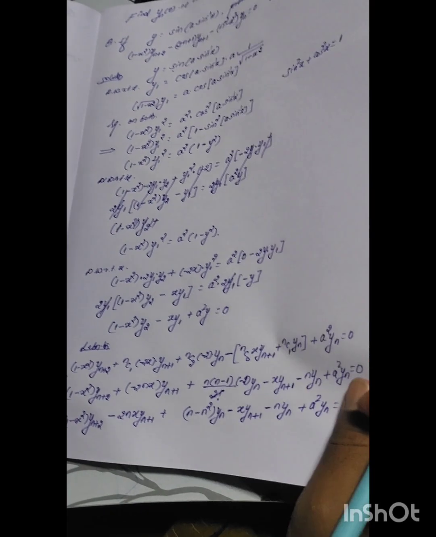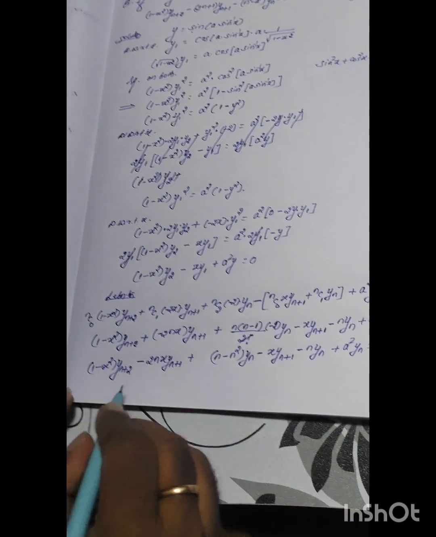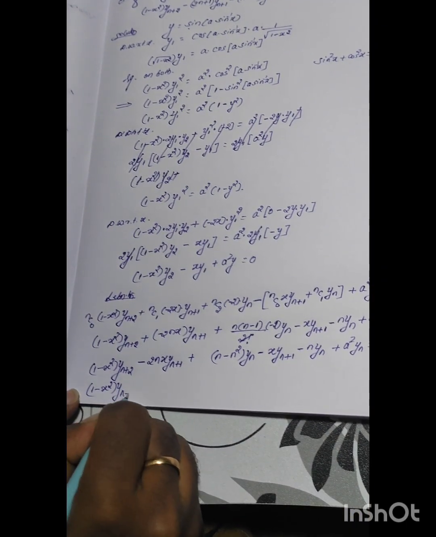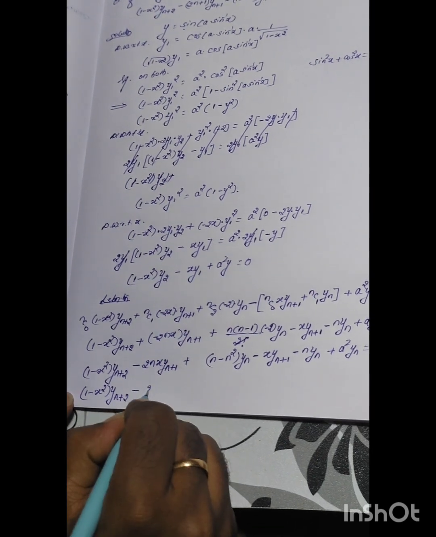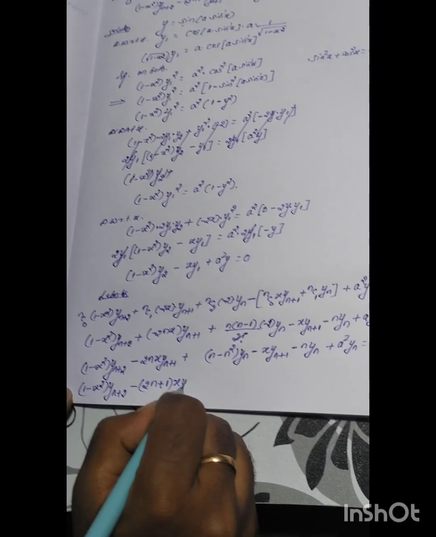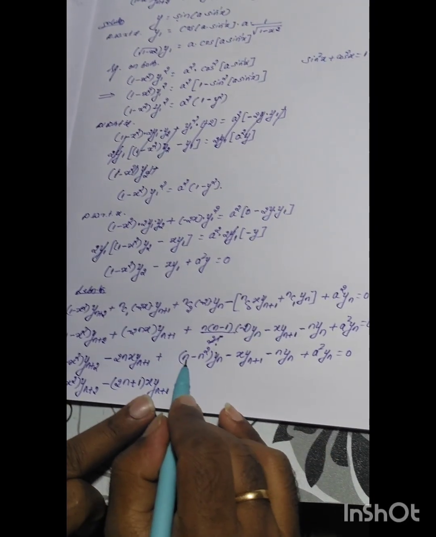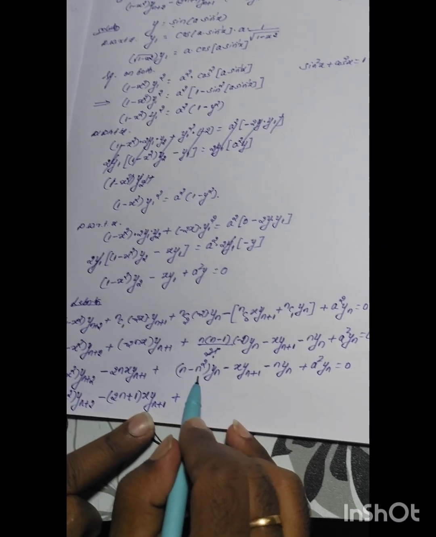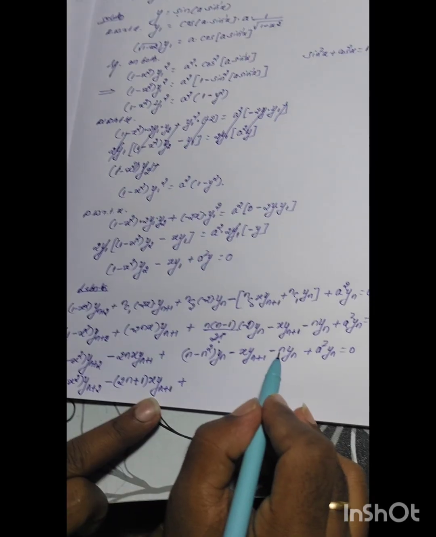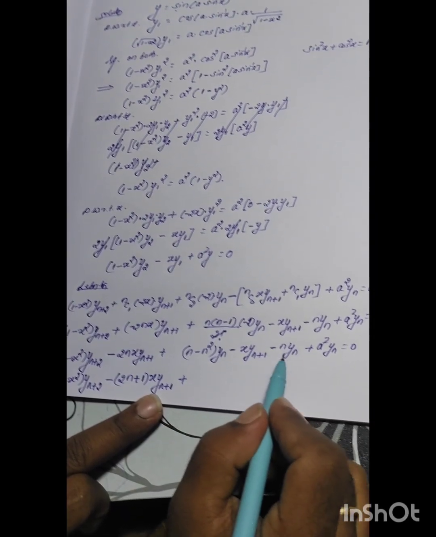Now when we compare, x y(n+1) and x y(n+1) are common, so let me take it outside: (1 minus x square) into y(n+2), minus (2n plus 1) into x of y(n+1), plus, observe here, n minus n square yn, and here minus n yn and plus n yn will cancel each other.